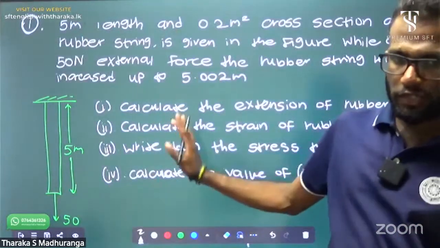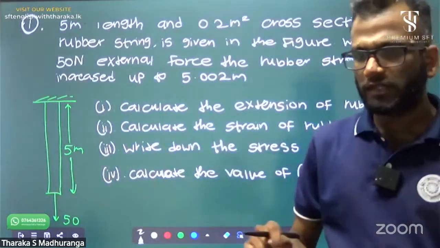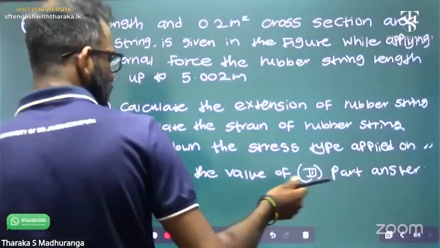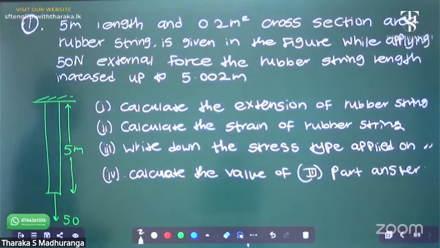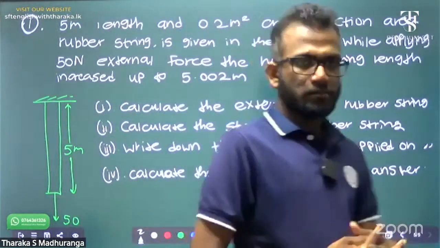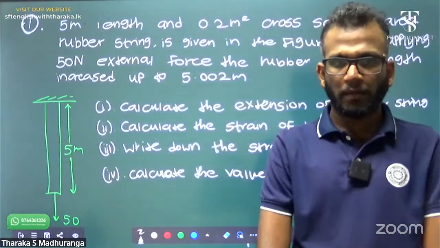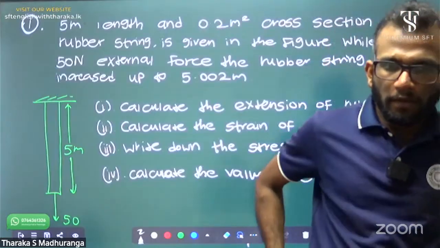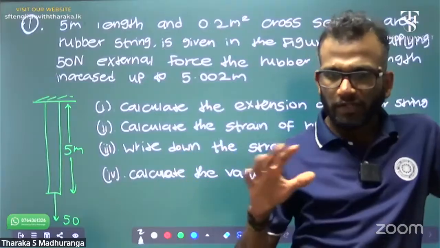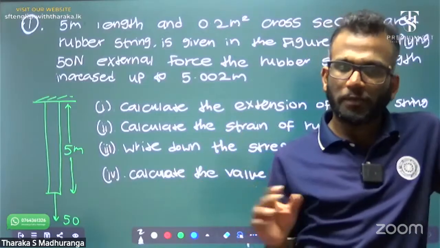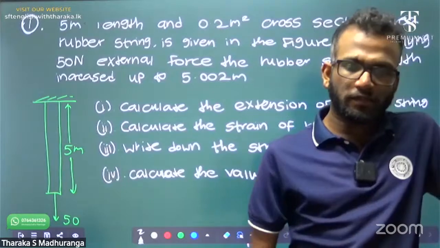Okay, that's question number 1. You have only one homework. Complete this and let's meet Sunday, 8:30 a.m. Today I explained the basic parts of mechanical properties. This is a very simple lesson.